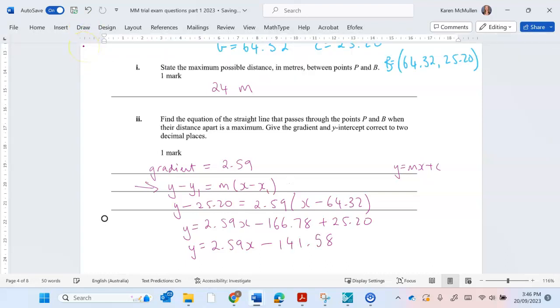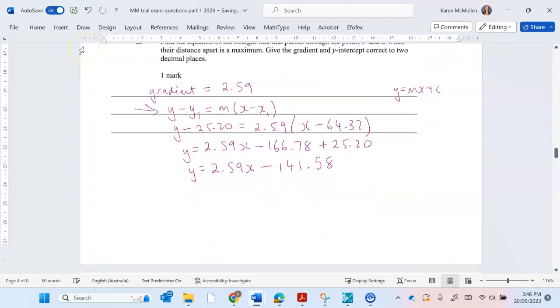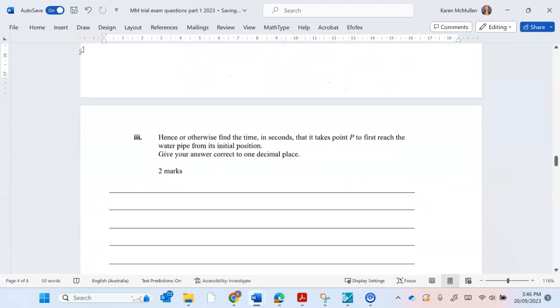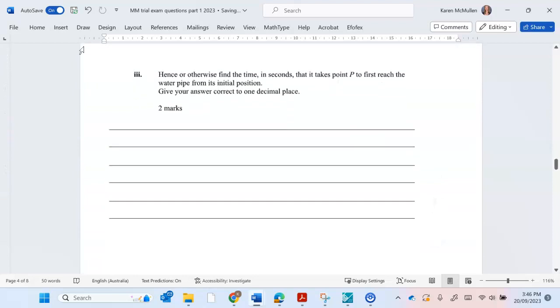All right. Oh, a lot of work there. I think you could have also used normal on your calculator. Hence or otherwise, find the time in seconds that it takes point P to first reach the water pipe from its initial position. So its initial position, t equals 0, so H0 was 2.